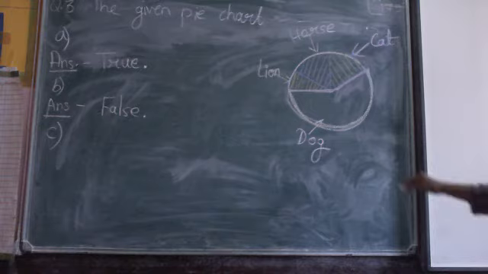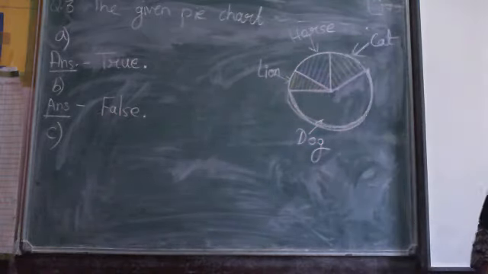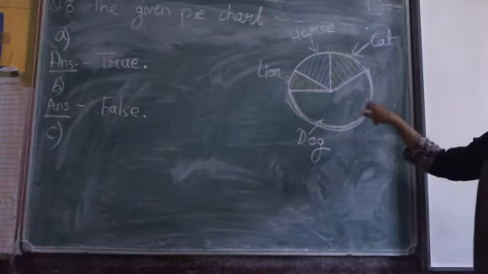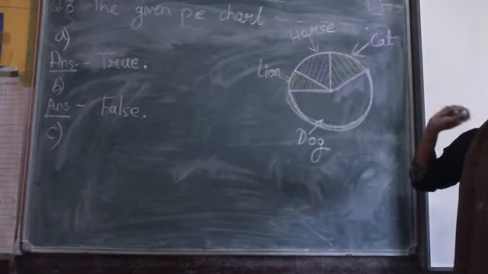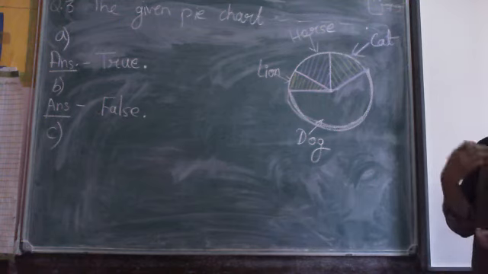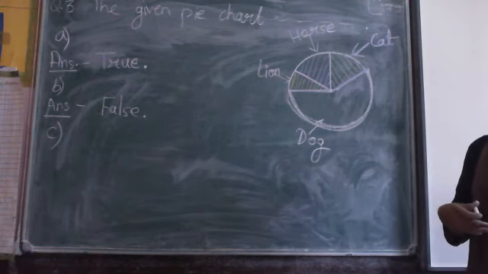Okay. Now part C. More children like dogs than cats. Is it true or false? More children like dogs than cats. More children like dogs, more than cats.